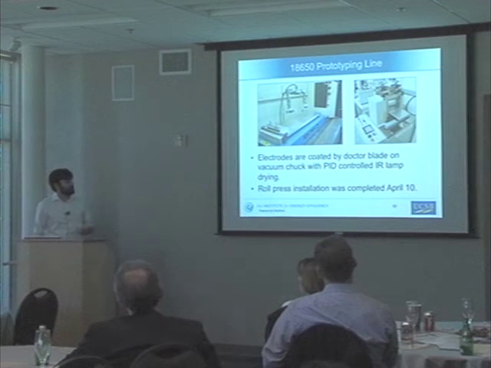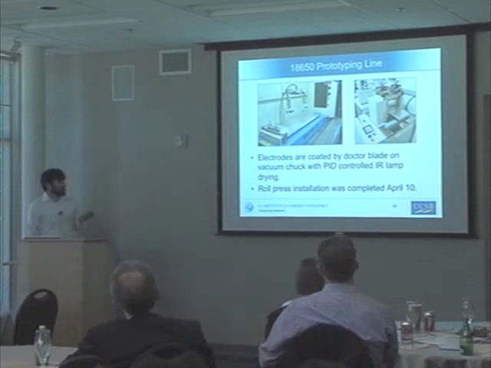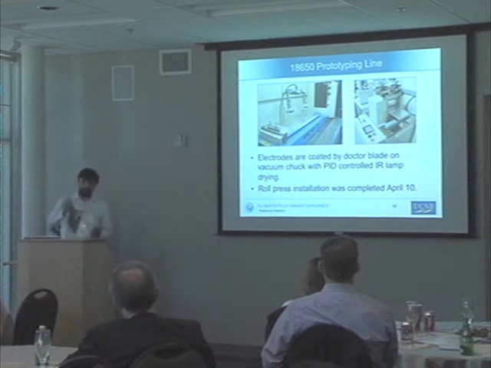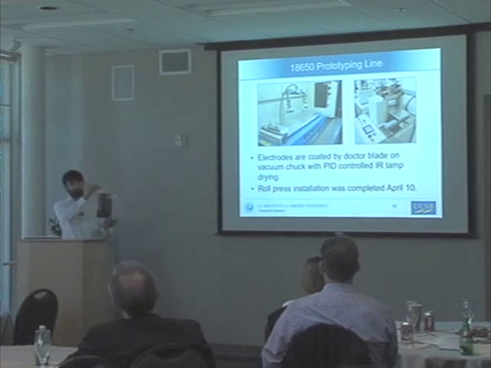We've recently finished assembling this 18650 prototyping line, which some of you saw this morning on the tour. We have a doctor blade coater to make large electrode films, and here's a sample right now. This is maybe not that impressive, but it's very large compared to what you would typically make in academic research.